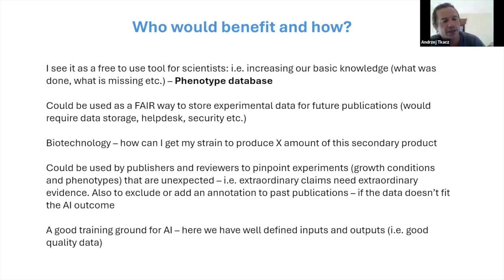For example, a young postdoc reviewing a paper would not think, oh, is that a lot? Is that not a lot? They do not have enough knowledge to compare it to 50 years of literature, while this AI would do that instantly. Oh, this phenotype is extraordinary. I mean, this is unexpected.